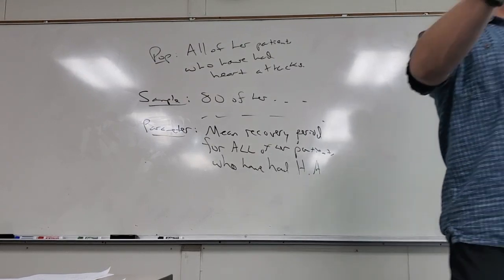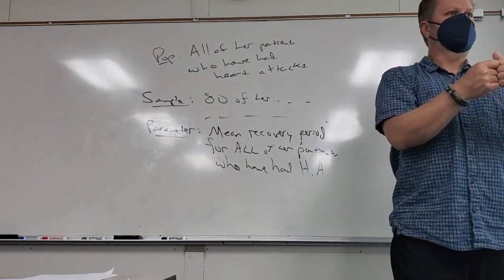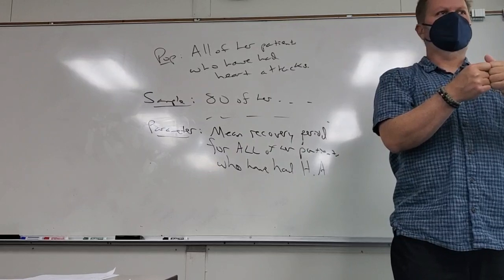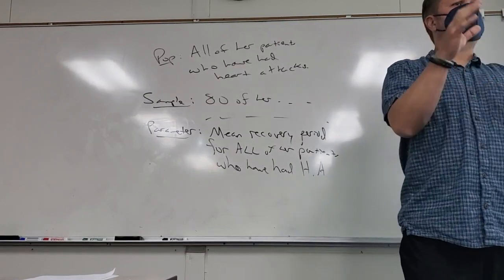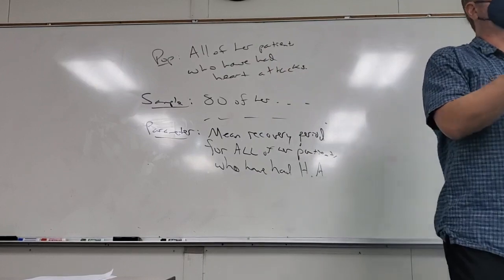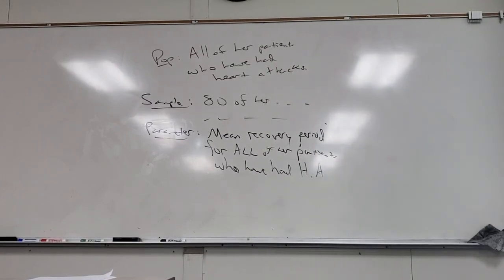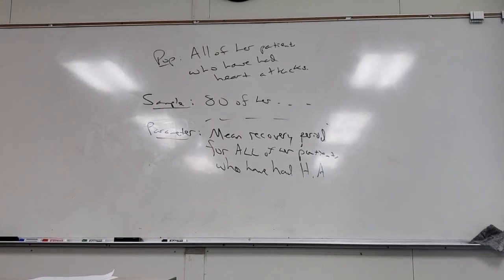Once I gather a sample, what am I going to do with the people, right? If I had these 80 people in a room, I'm going to ask them a question, yes? I'm going to say, how long did it take you to recover? The first guy's going to be like 3 weeks. Second guy, 2 days. Oh my God, right?